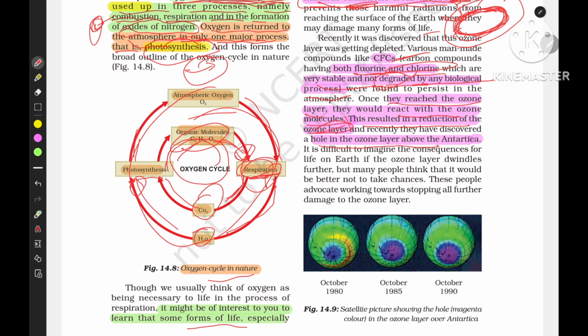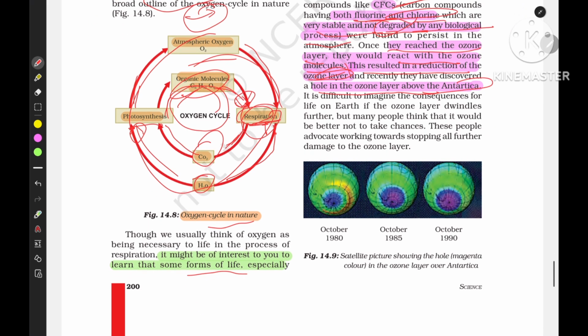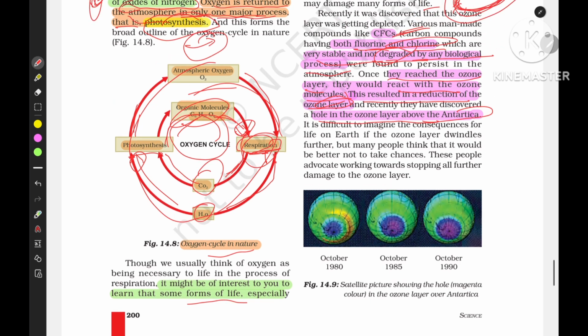The hole in the ozone layer is above Antarctica. The CFCs, with fluorines and chlorines, react with the ozone, and they cause thinning of the ozone layer, ultimately making a hole in it. Through the hole, UV rays can directly reach the earth's surface, where they cause damage to living organisms.